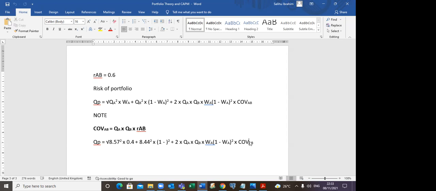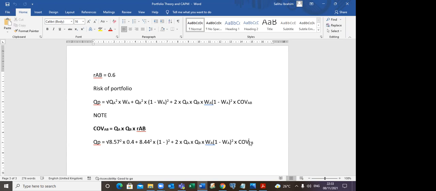I have a question. This covariance AB, in the solution that you did, the second one, covariance is deviation A multiplied by deviation B times probability.